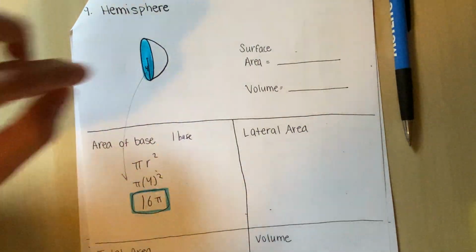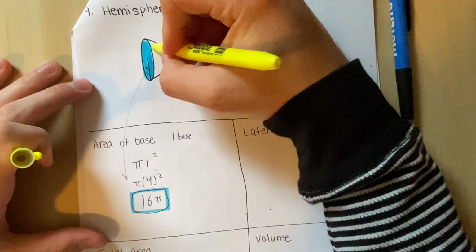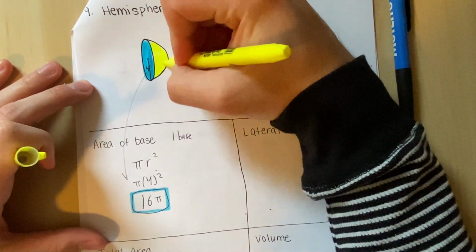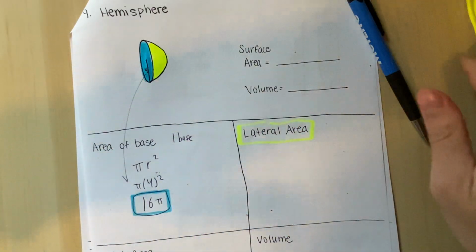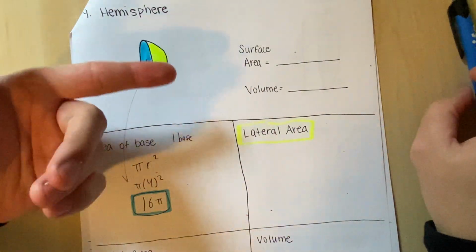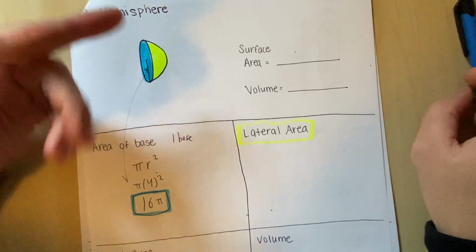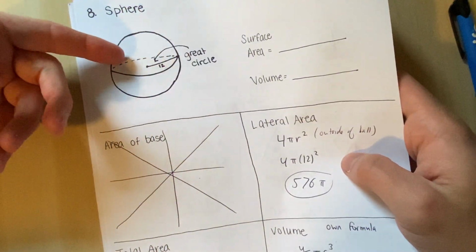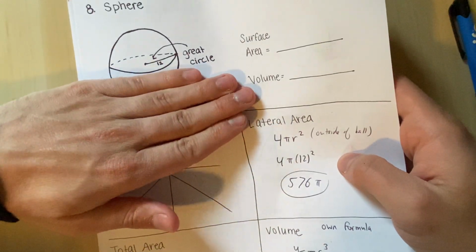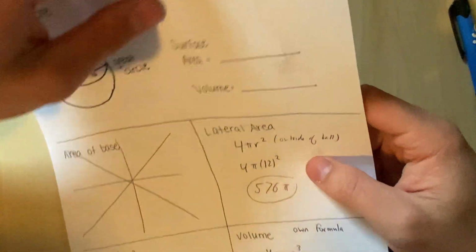The lateral area is this curvy part. So this is the yellow. The lateral area is that curvy part on the outside. Well, this lateral curvy part here is half of the curvy part on the sphere, right? Because if I just got rid of half of the sphere, there's still that curvy part.